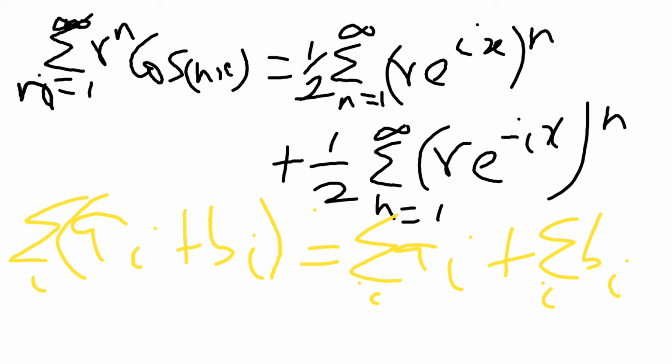Since half is independent of n, I am free to bring it out as a constant multiple of r exponential ix to the power n, in both terms. Now if we look at it, this is a geometric series.